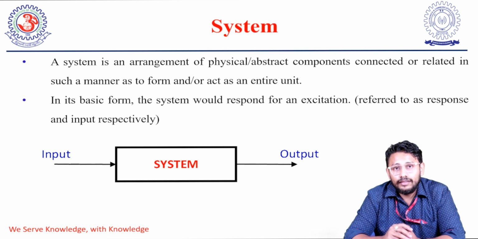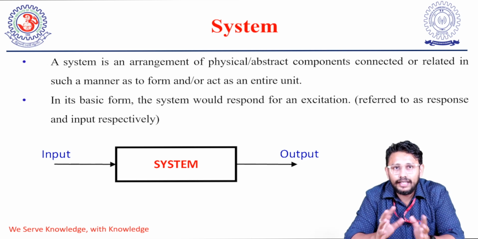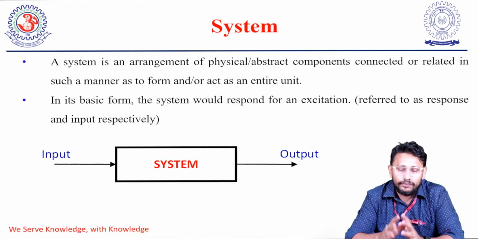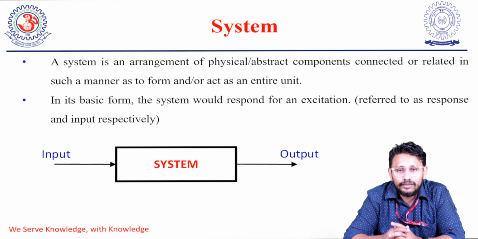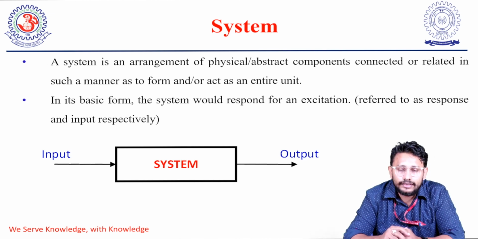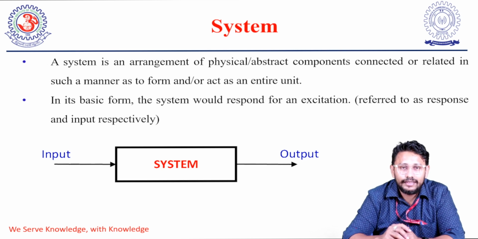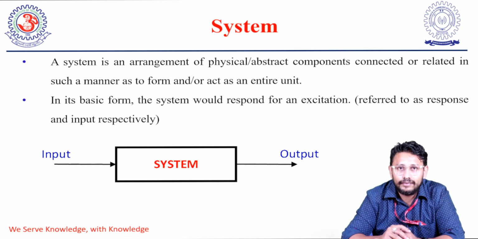In the most basic form, a system can be defined as a combination of physical and abstract components which are connected in such a manner that they act like a unit and serve to perform a particular task. And this task can be user defined.